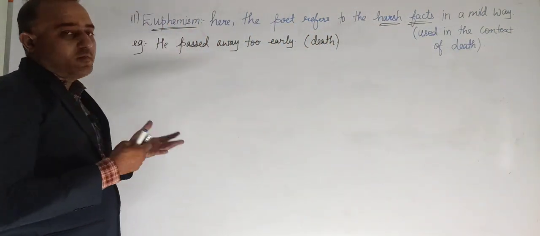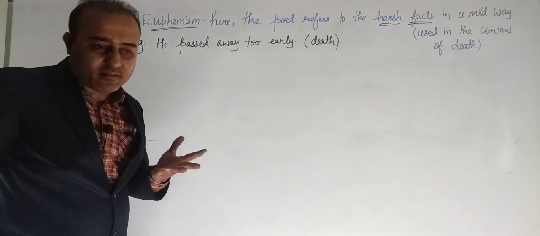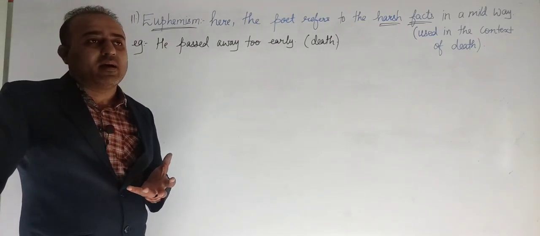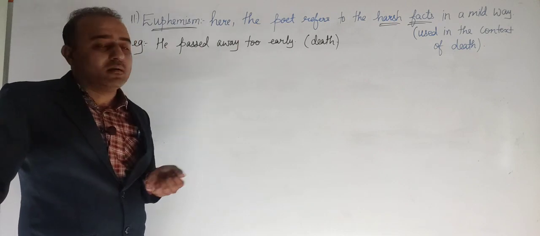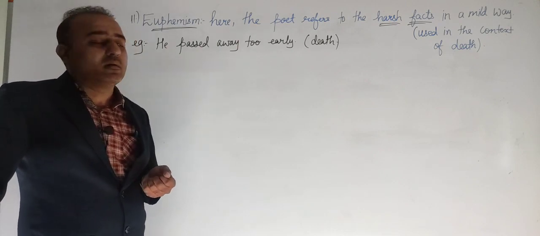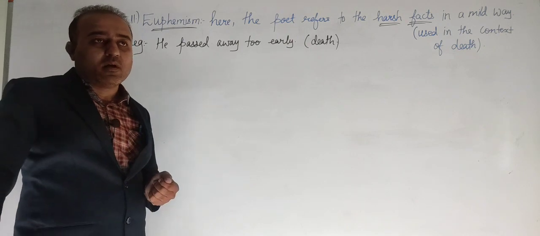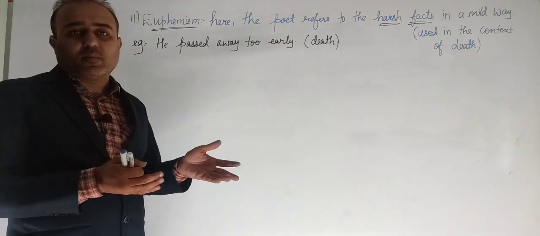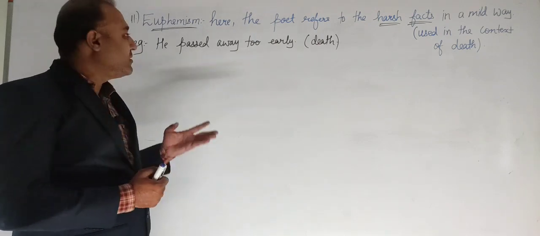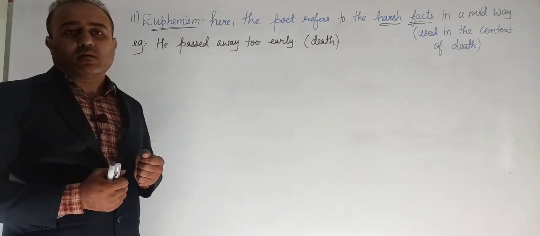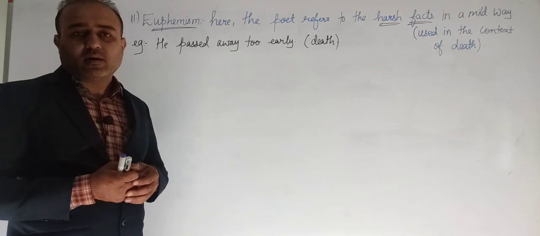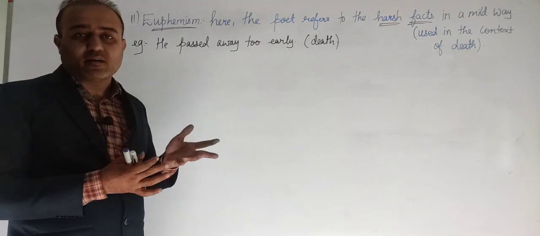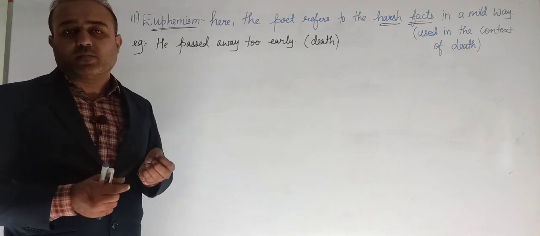Okay, so we all know that death is something which is very difficult for people to bear, and it is extremely painful for them. But if a death takes place at someone's place, and other people go over there, and a person comes and says he passed away too early, the death, which is a harsh fact, is said in a very mild way.